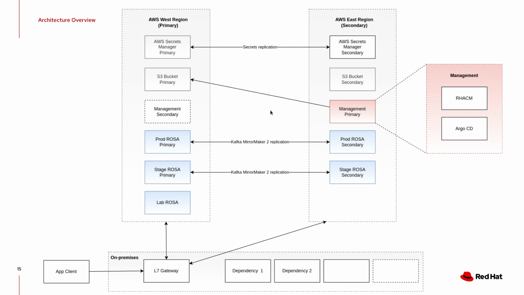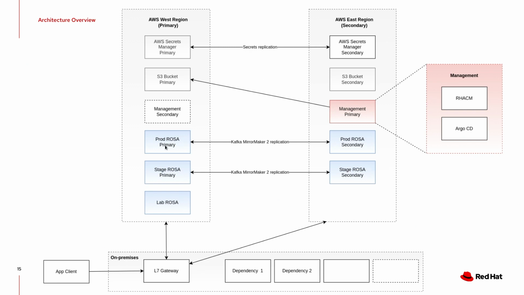At the bottom, you can also see that we still have some dependencies of our applications running on premises, especially the Oracle databases. The applications are deployed into both regions at the same time. However, the traffic is only routed to the primary region in the normal case. And in the case that we have an issue or disaster in the primary region, then we can reroute the traffic to the applications in the secondary region, so to the secondary replicas.